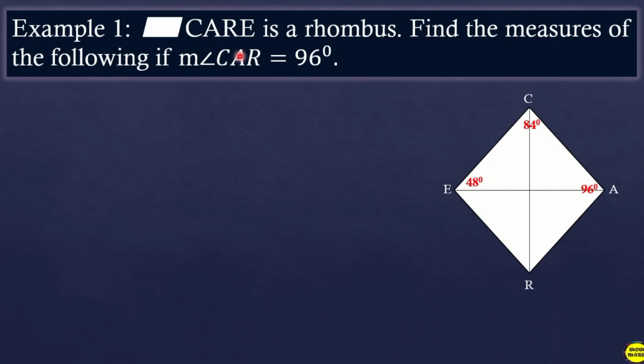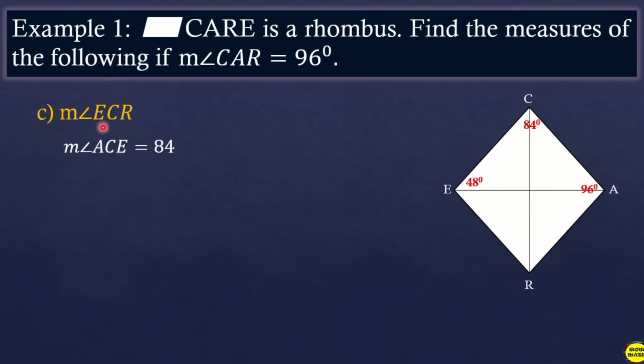Now, parallelogram CARE is a rhombus. Find the measures of the following. Okay, so find the measures of the following. Ito pa yung hinahanap natin. The measure of angle ECR. So, ito si ECR. Okay, kanina, nakuha na natin si angle ACE. Na-solve na natin kanina. Okay? So, si angle ACE is 84.